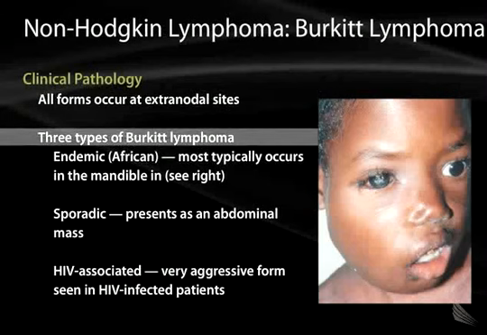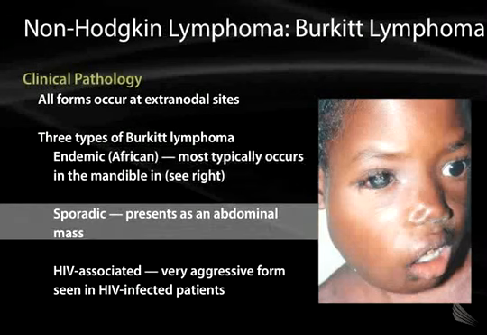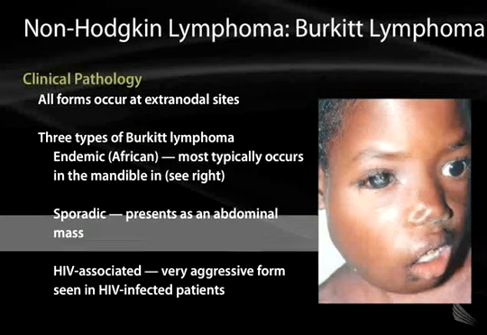So the three types of Burkitt's lymphoma: the African subtype, which is seen in the mandible of young kids, and that is the lymphoma that was initially described by Dr. Burkitt. The sporadic Burkitt's lymphoma can present as an abdominal mass, which again has manifestations as a space-occupying lesion causing abdominal pain and early satiety as well as a decreased appetite.